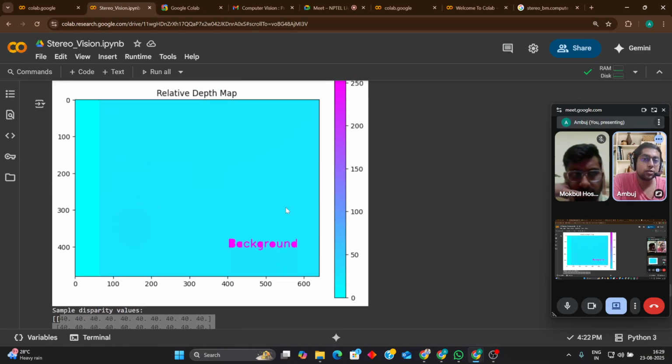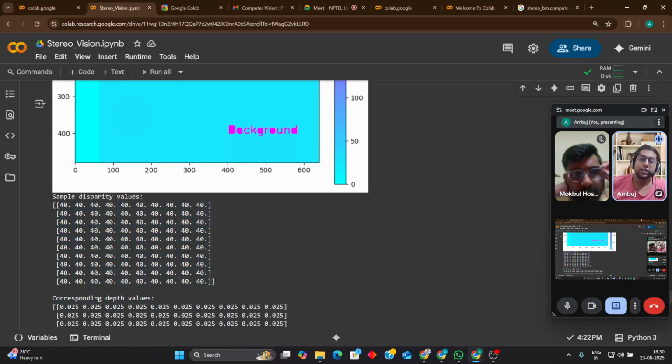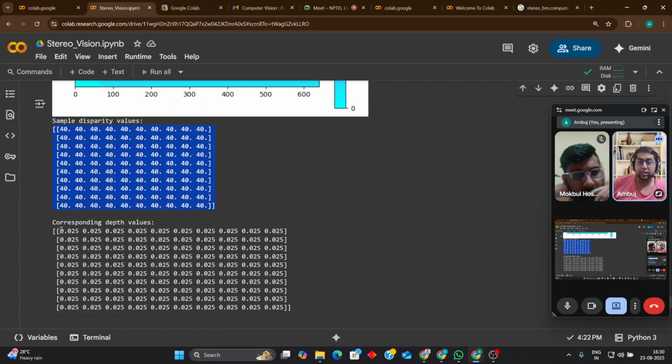Since it was a 2D image which I generated and placed different types of objects in it, the disparity values will all be the same. See here in this matrix I am demonstrating, all the disparities are the same, and the depth value would be a known value which will come from Z, because no depth is present.